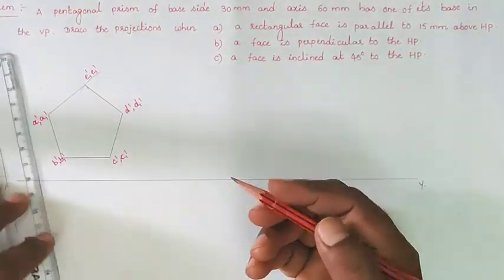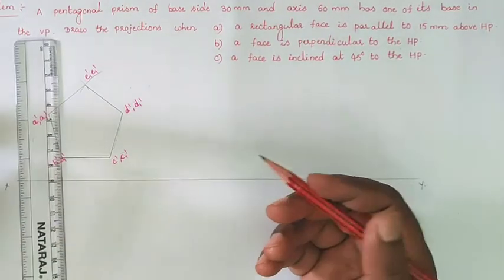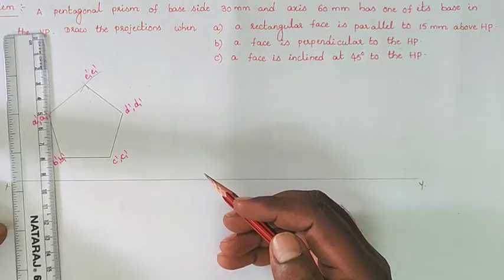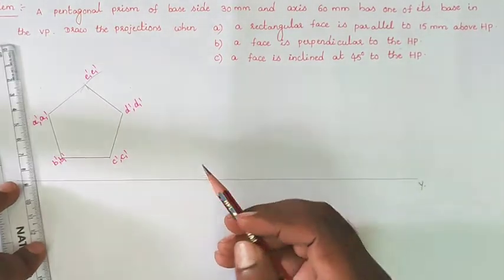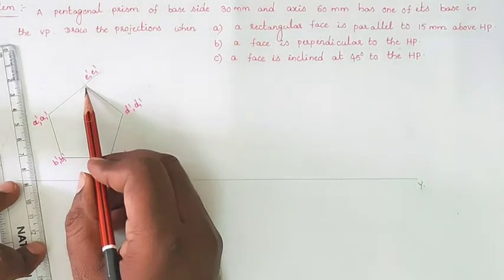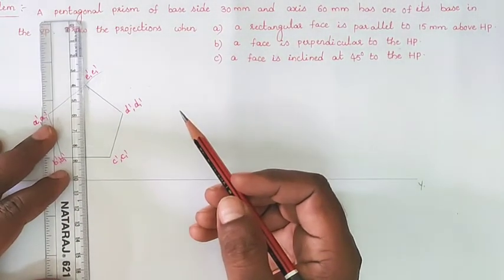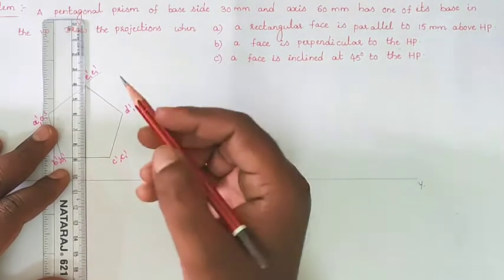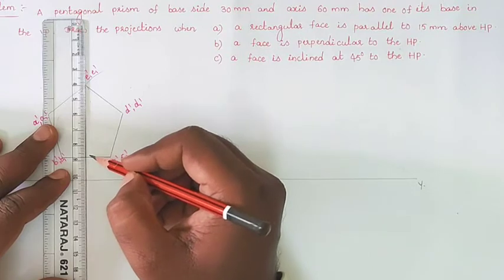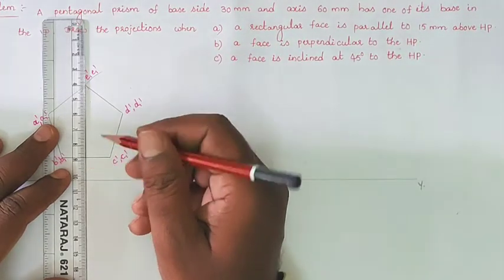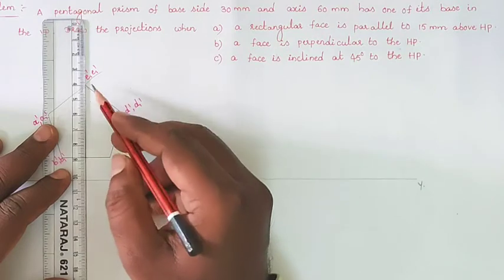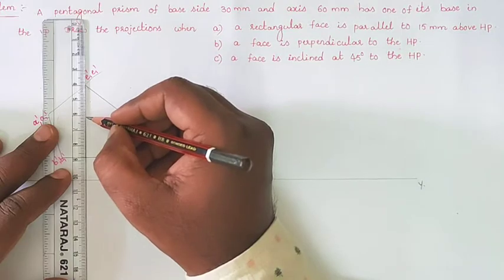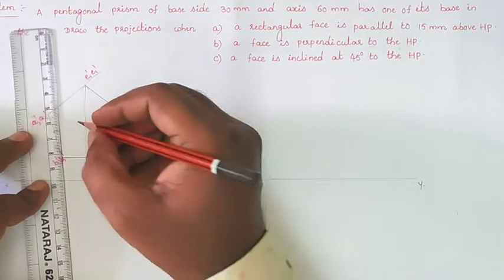After drawing the front view of our diagram, locate the center point. How do we locate the center point? By the interior angle method, or you can select for this side the fixed corner E dash. Draw a vertical line from E dash, measure that line length, and locate the midpoint of that line as the center of the prism. The line length measures 48, so take 24 mm and locate the center point.